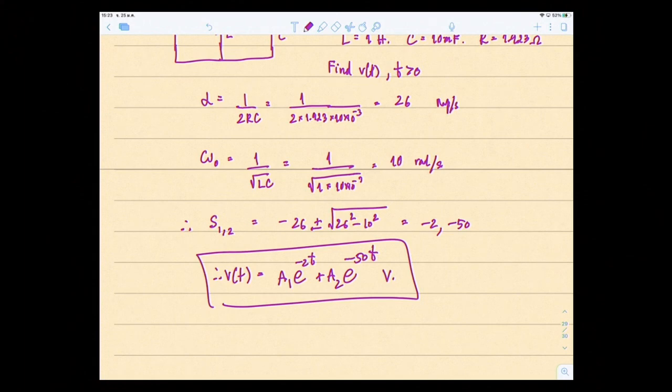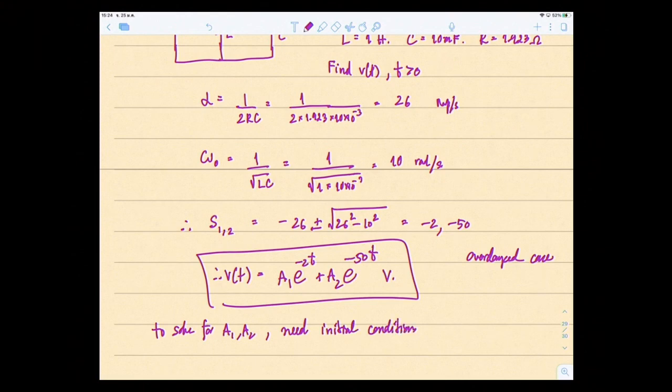Therefore, this is an overdamped case. Now the problem is not done yet because you have to find the coefficients A1 and A2. To solve for A1 and A2, you need initial conditions.